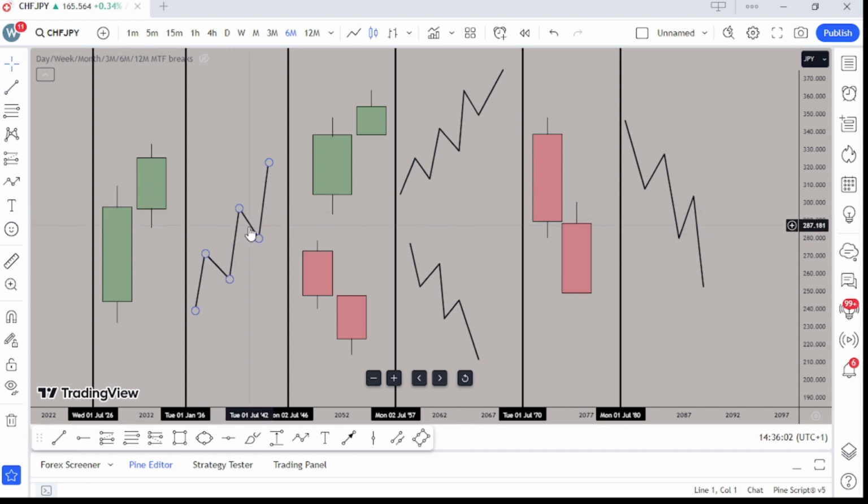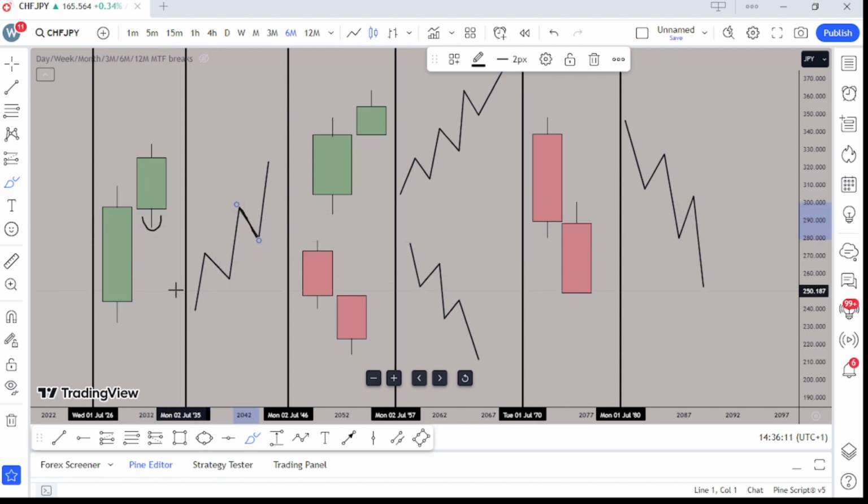It pulled back into the body of this previous candle, to the support or the other block there, and opened from that junction, closed, and also made its own higher high, lower high, higher high.